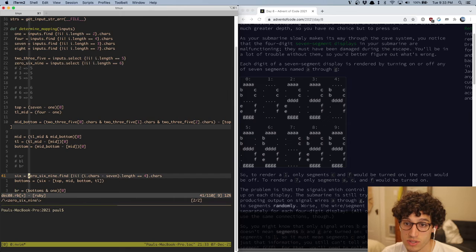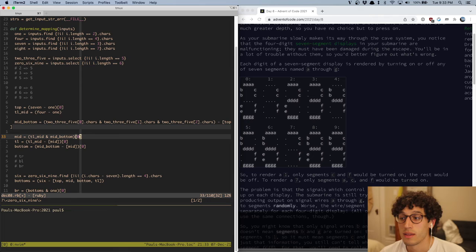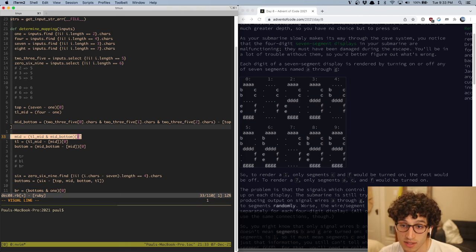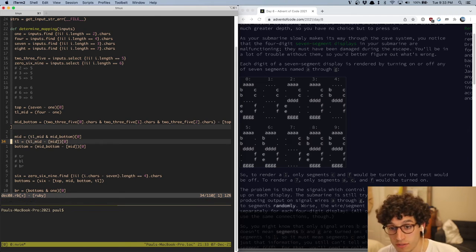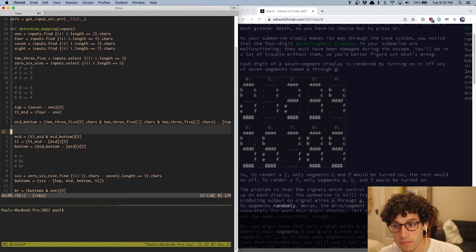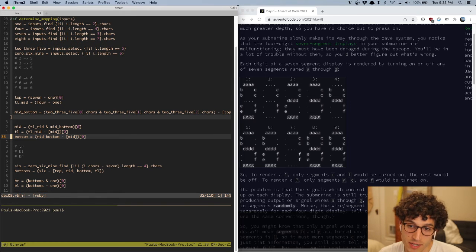Then I subtract the top to get the middle and the bottom. Then, because I have the middle and the bottom, and I also have the top left and the mid, I can intersect those two to get the middle. Then I can subtract the mid from the top left and the mid to get the top left. Bottom is mid and bottom minus the mid.